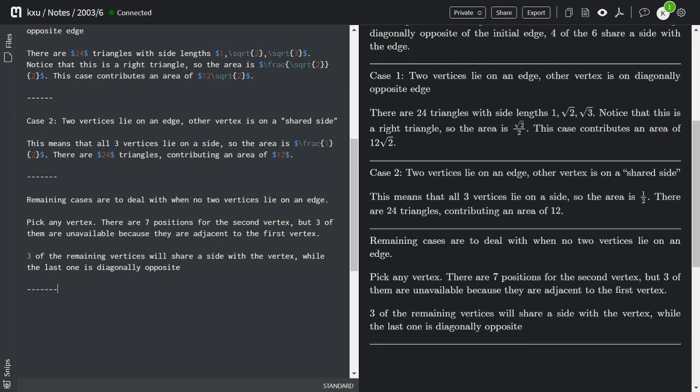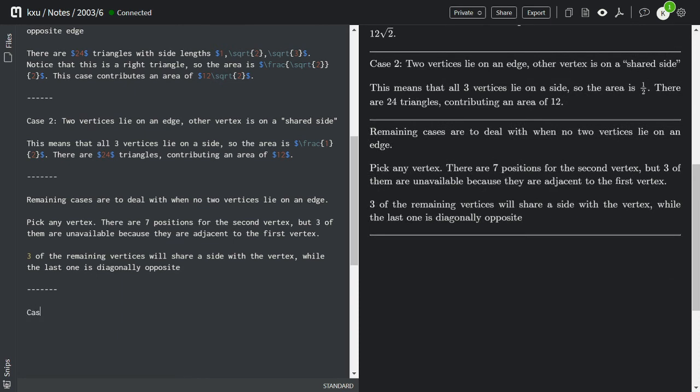So this gives us our two nice cases. So case 3, no two vertices lie on an edge, and basically our first case, and two of them share a side.